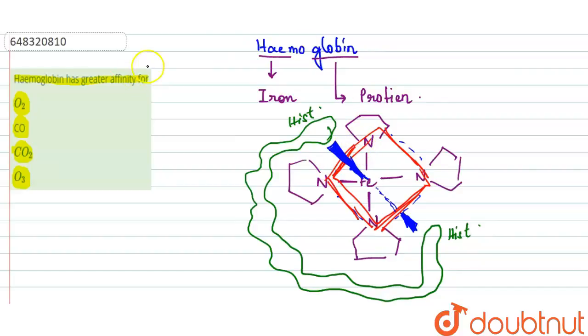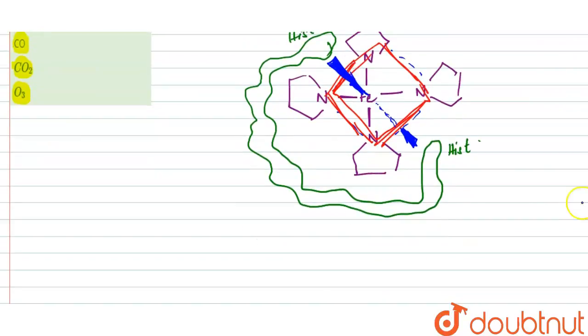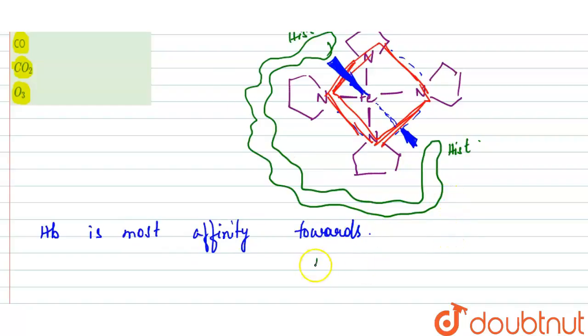So the most affinity, that means hemoglobin has most affinity towards which one? Towards carbon monoxide.